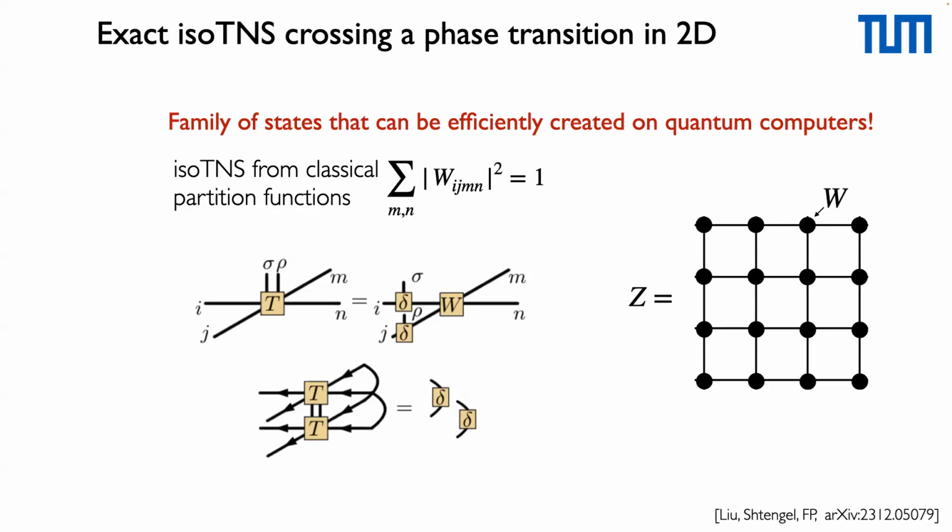These amplitudes are given if we contract all of these tensors. In our tensor network, we have our physical degrees of freedom, I1 through IN, and these would be the amplitudes that we get in our state.